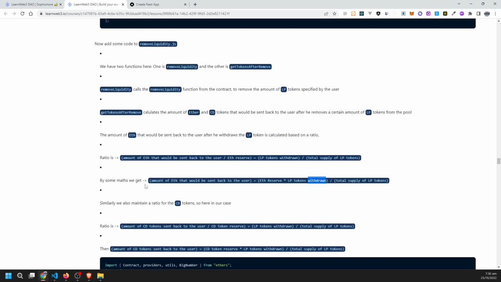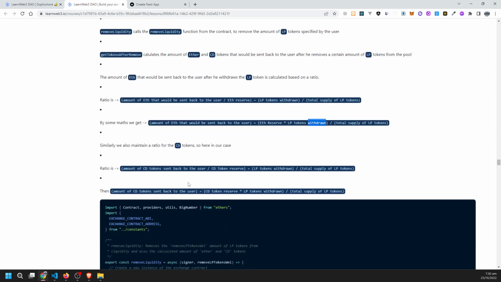Similarly, we also maintain a ratio for CD tokens. Here in our case, amount of CD tokens sent back to the user divided by CD token reserve equals LP tokens withdrawn divided by total supply of LP tokens. So the amount of CD tokens sent back to the user equals CD token reserves multiplied by LP tokens withdrawn, divided by total LP tokens.